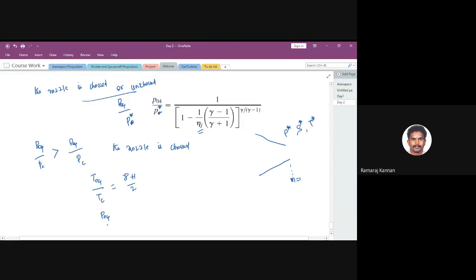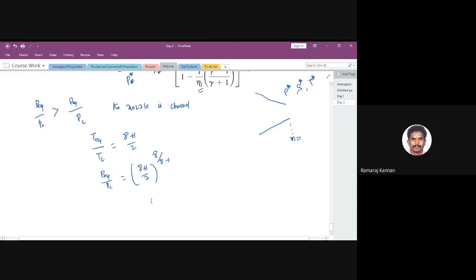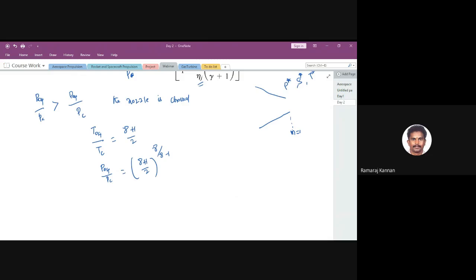In the same way, P04 by PC is going to be gamma plus 1 by 2 whole to the power gamma by gamma minus 1. We know P04 and T04, and we have to find out your TC and PC. That's nothing but T5 and P5.